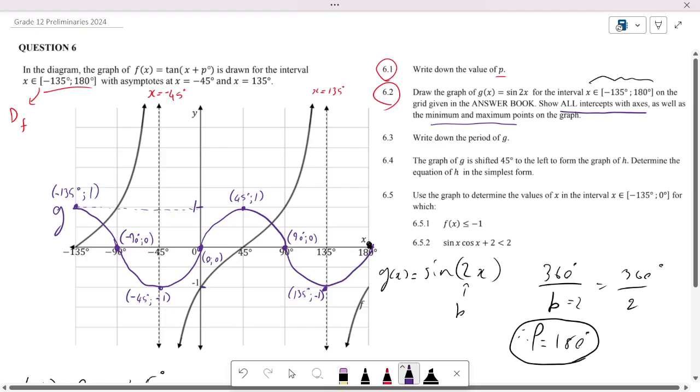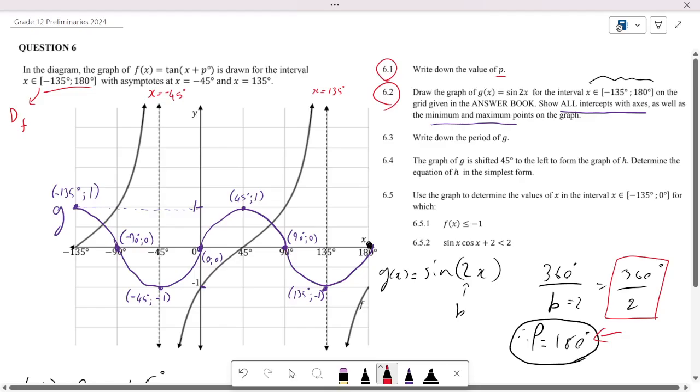So there's all of our points. Once again, we already showed the intercepts, and we showed the maximum and minimums. So there we go, that's question 6.2 done. Let's move on to 6.3, which is the period of g. We already established that the period of g is going to be 180 degrees. I don't know why they have to ask the period question afterwards.